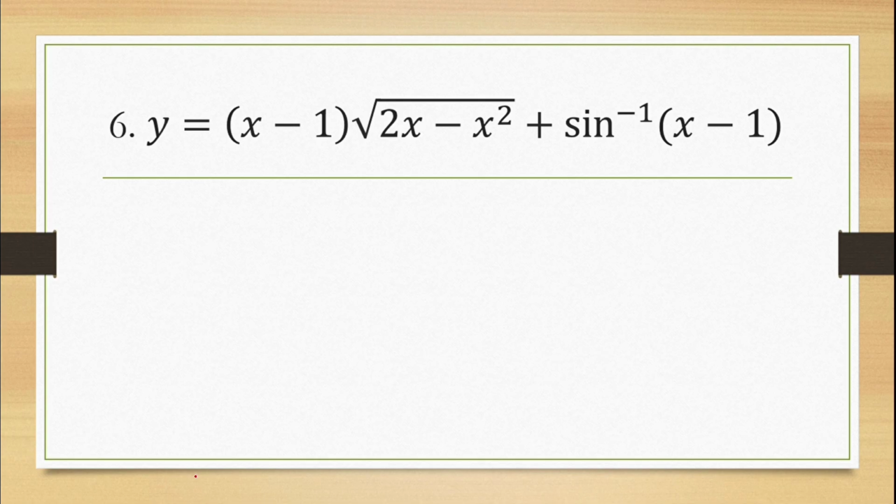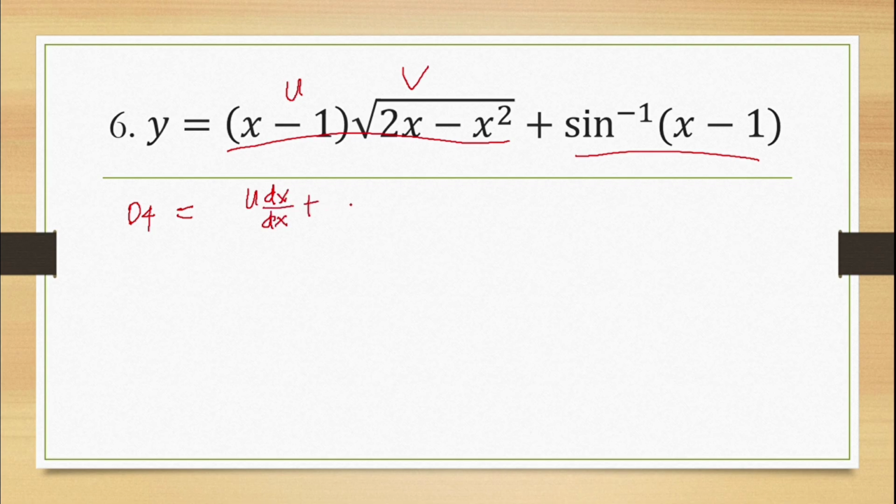In number 6, we're going to chop again this part. We have to find the derivative of this one and the derivative of this part. So for me, that's what I'm going to do every time that I will have this kind of problem. So we have here first, by the use of d of uv, because this is our u and this is our v, d of uv is equal to u dv over dx plus v du over dx.